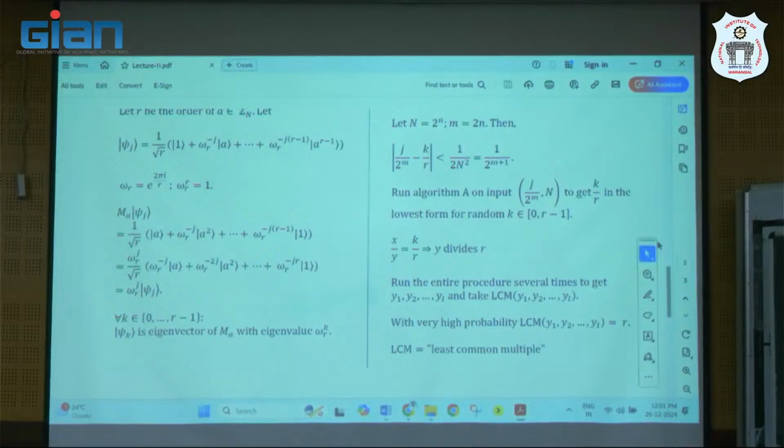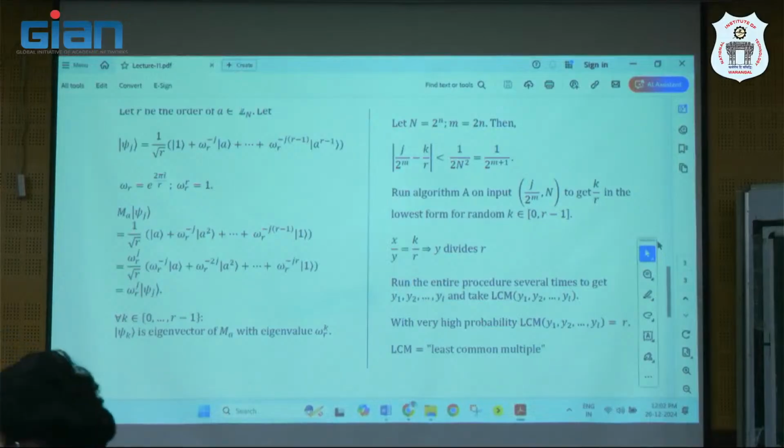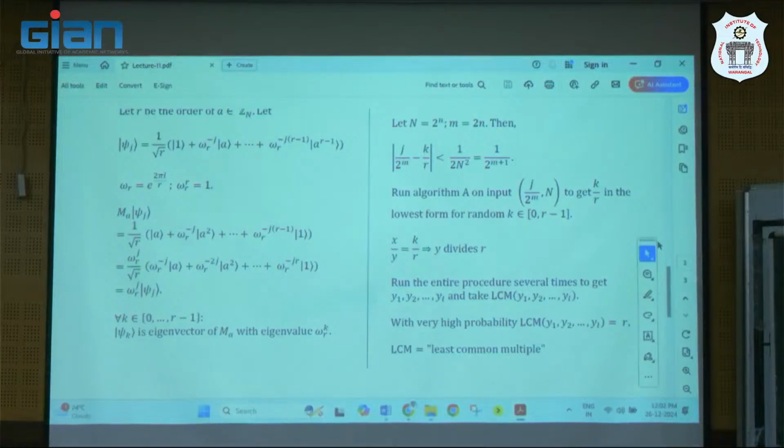And J over 2 to the M gives us an approximation for K over R, for a random K. From then on, the rest of it, continued fraction, LCM, all that is classical. Agreed? Any questions? Yes, agreed.